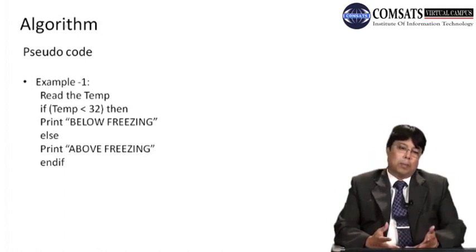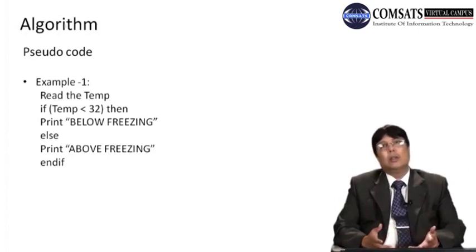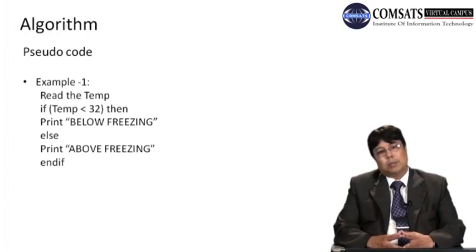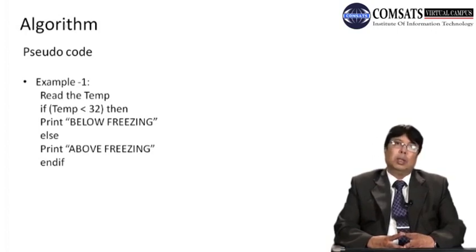So, a very simple algorithm. It has just one input, one testing statement, and one output statement. When I talk about control structures, flow structures, then I'll talk about the if structure also. But at this stage, our objective is to see an example of an algorithm.